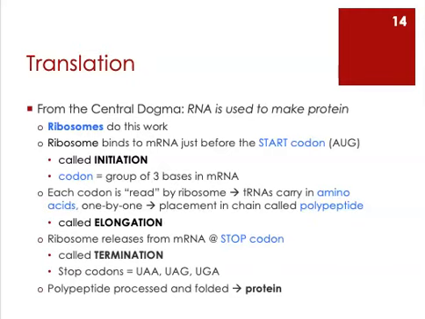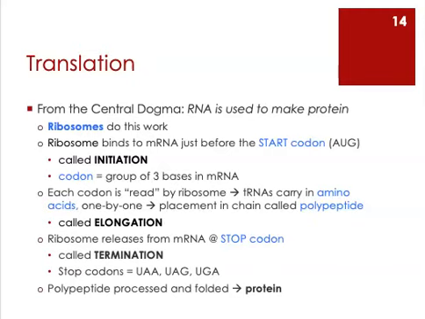The ribosome has to physically move, just like the RNA polymerase enzyme had to physically move down the length of the DNA. The ribosome is going to move down the length of the messenger RNA. We call this moving translocation.